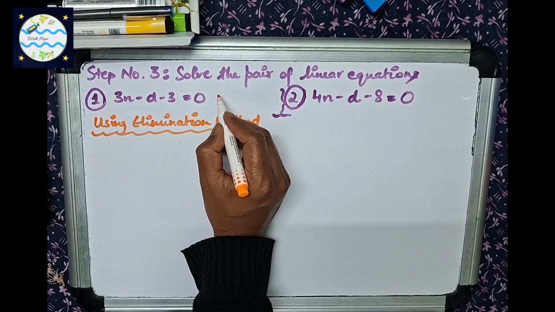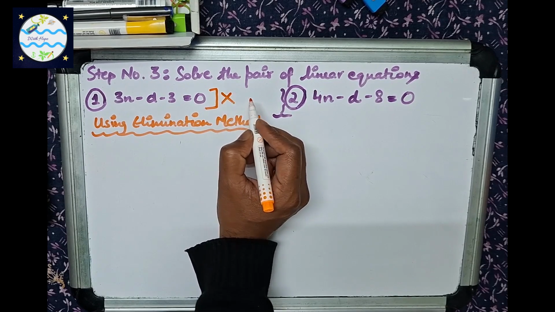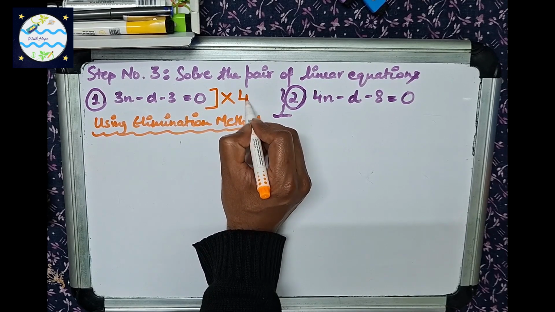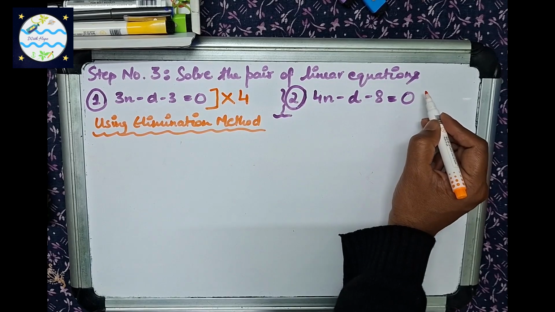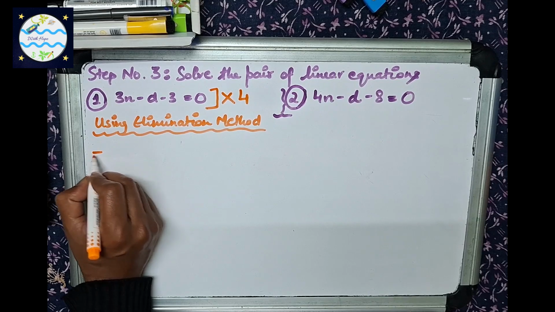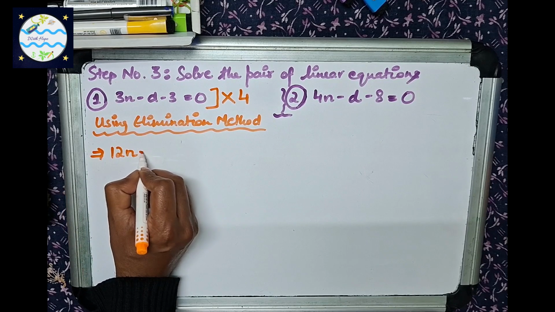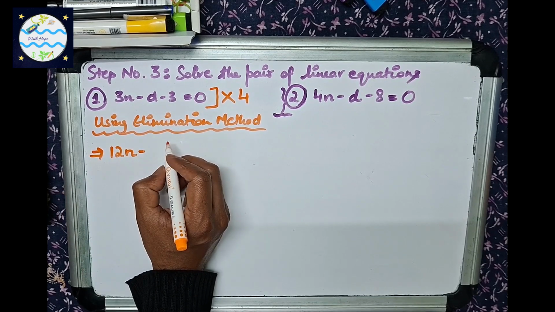Solve the pair of linear equations using a method of your choice. We will stick to the elimination method for this one. We will multiply equation 1 with 4 and equation 2 with 3 so as to make the coefficients of n the same.